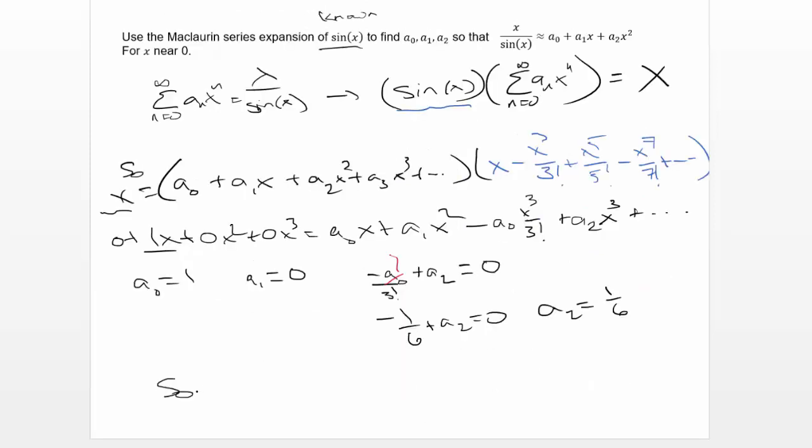So x over sine x is approximately, to the third degree, a naught, which is 1, plus a1 times x plus a2 times x squared, which is 1 plus 1/6 x squared.